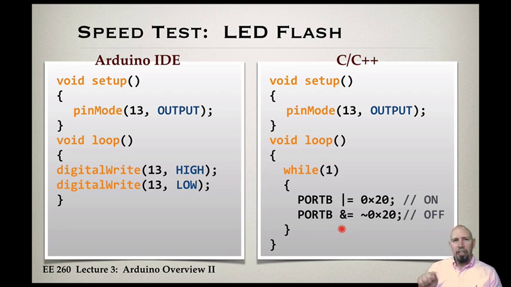So why would we have an inner loop that just loops when we already have an outer loop that loops? These are some interesting things that you get when you're programming real-time systems: sometimes it's actually more efficient to do things one way versus another. What you find is that this while loop is quite a bit faster than this void loop. Here, we're turning this on, turning it off right away, and then we're looping.